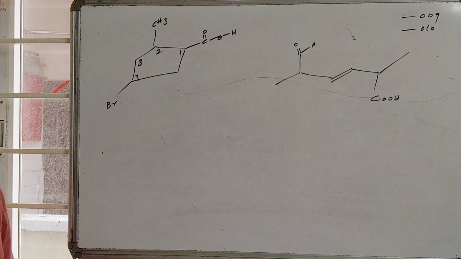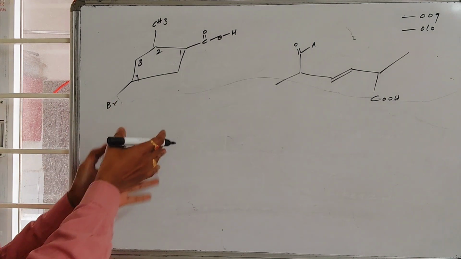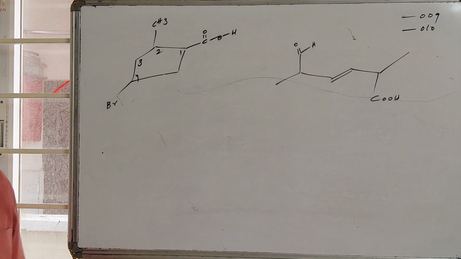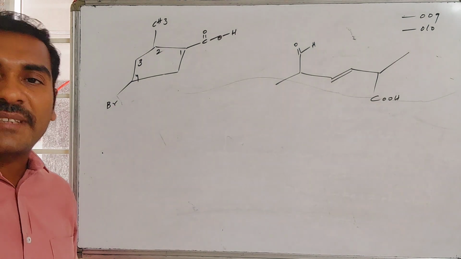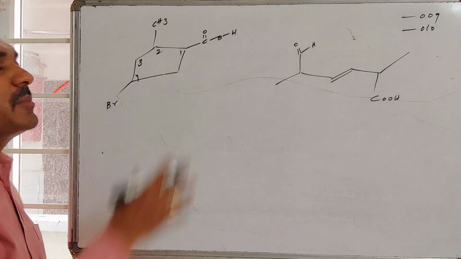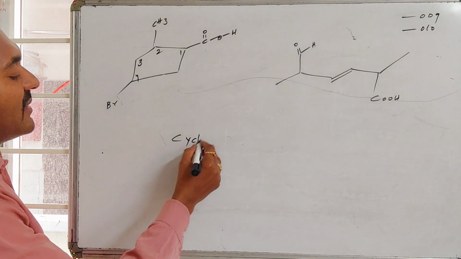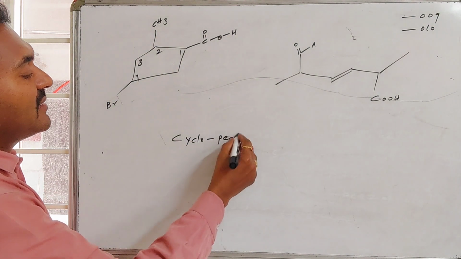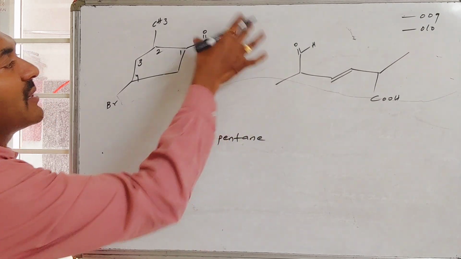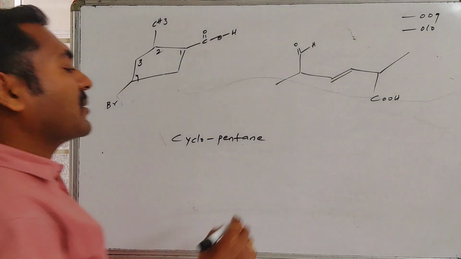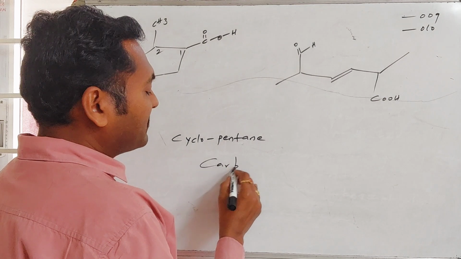To attain the minimum numbering, that is the least sum, we have to write the numbers in one particular direction, either clockwise or anti-clockwise, that offers the minimum numbers. This is a cyclopentane system, followed by carboxylic acid: cyclopentane carboxylic acid.